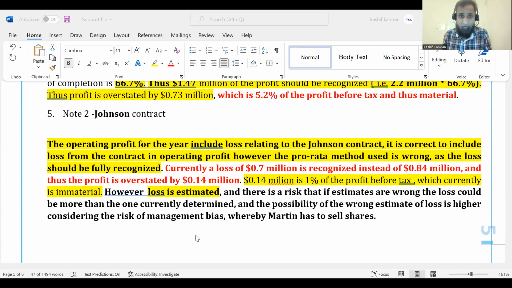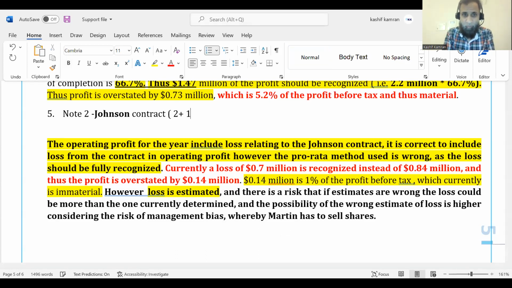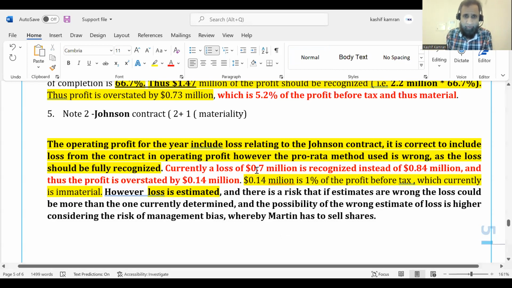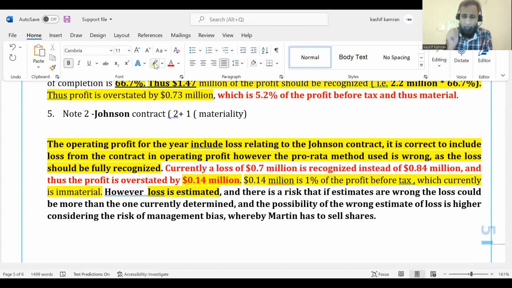So will I get extra marks for materiality? 2 marks plus 1 mark for materiality, which I've commented on. And will I get some extra marks for calculations? Yes, I think I can get extra marks for calculation because I found a difference, 0.14 million. Did I find a value of 0.14 million?